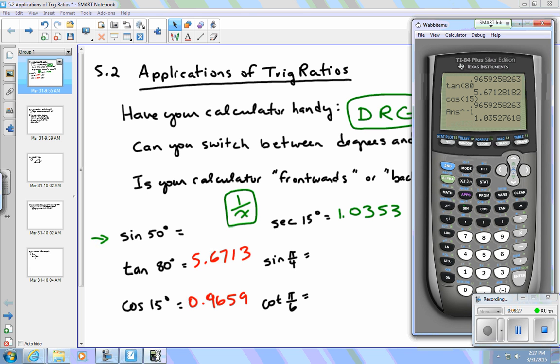Okay, and so now instead of sine here, I'm going to do cosine of pi over 4. So cosine, and now I've lost where I put my pi button. And the screen is not easy to read here.